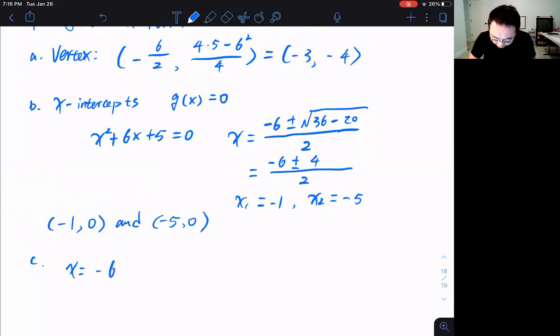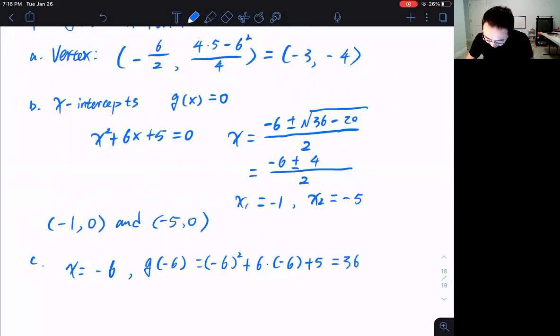When x is negative 6, g of negative 6 equals negative 6 squared plus 6 times negative 6 plus 5, which is 36 minus 36 plus 5, which is 5.